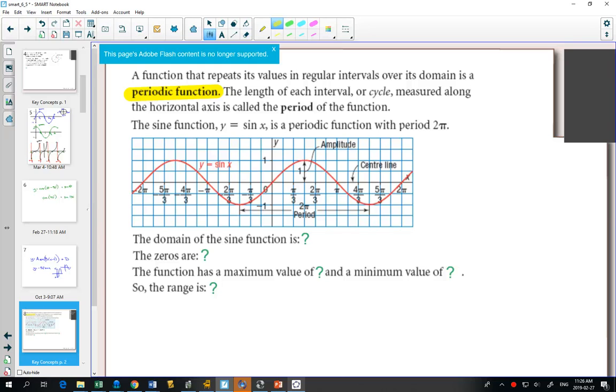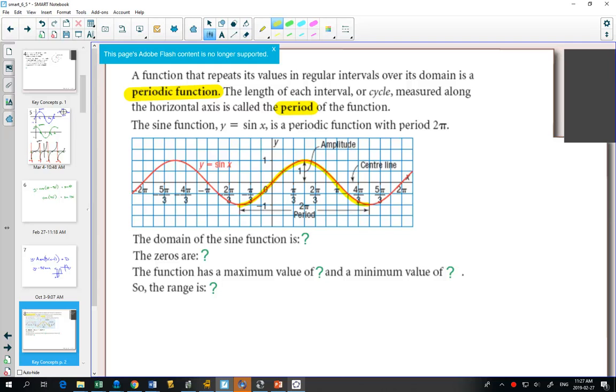So in this example, if we look at one period of this graph, and they've labeled that from here to here, that yellow section, you could just copy and paste it and keep gluing it on the ends, and it repeats itself over and over and over again. The length of that amount of time that it takes to repeat itself is called the period of the function.